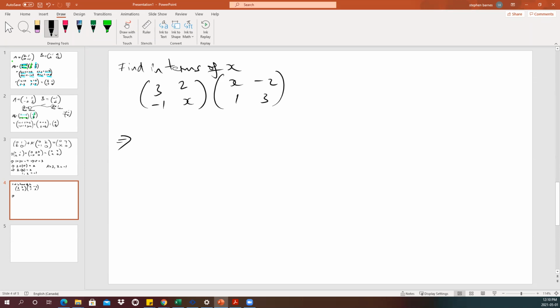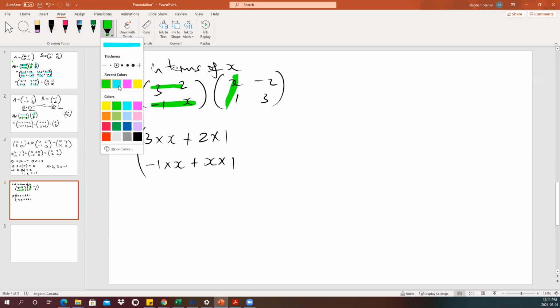The same setup that I've been talking about, so not new. 3 times x, which we can call 3x, and 2 times 1. Then again, minus 1 times x plus x times 1.